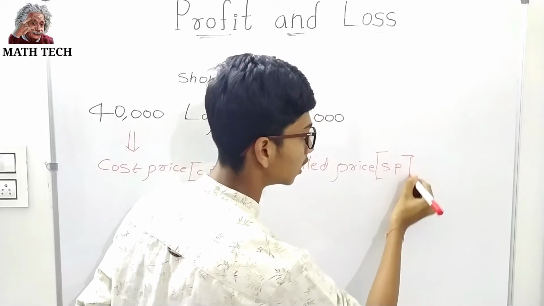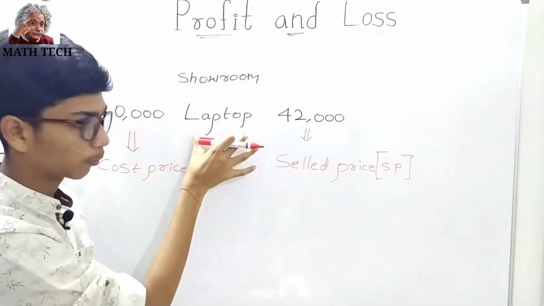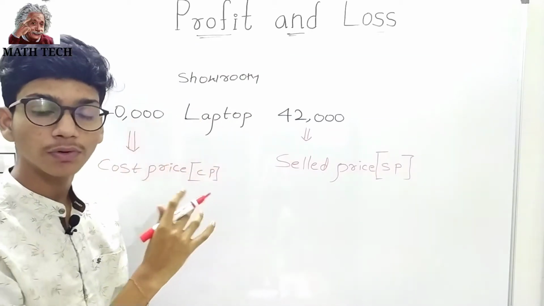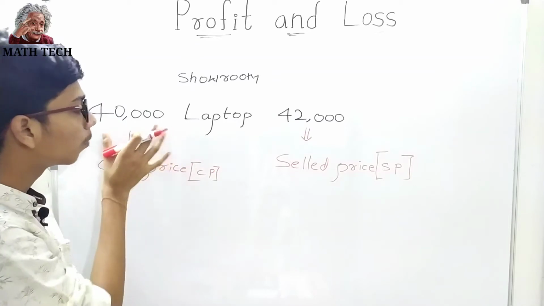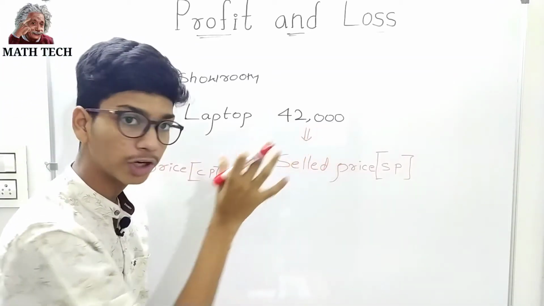Sold price, SP. You went to the electronic showroom to buy the laptop. You have bought it for 40,000, and when you are bored you have sold it for 42,000.